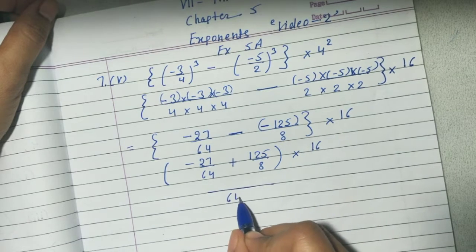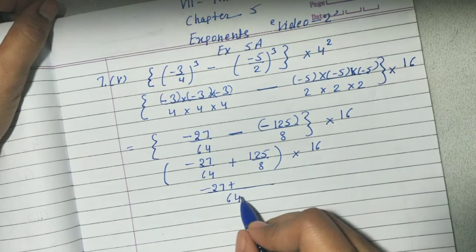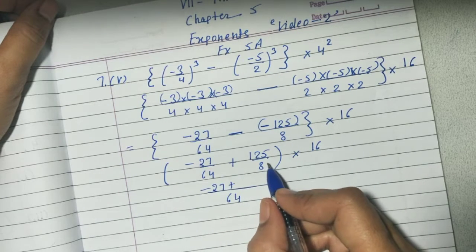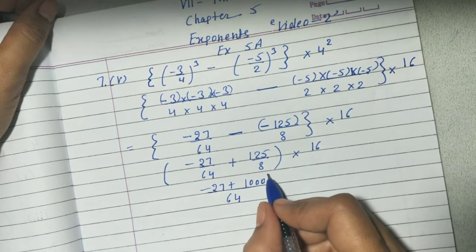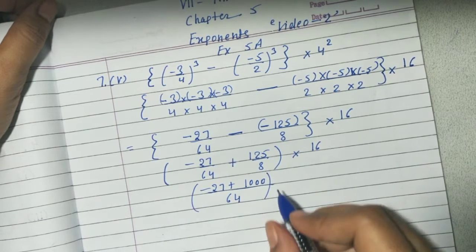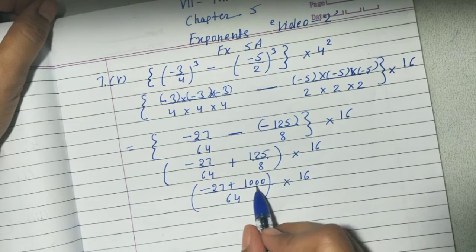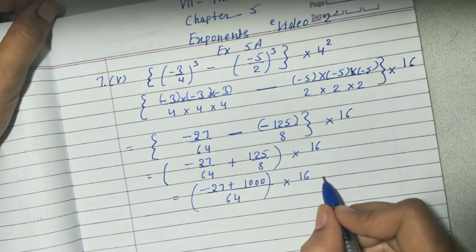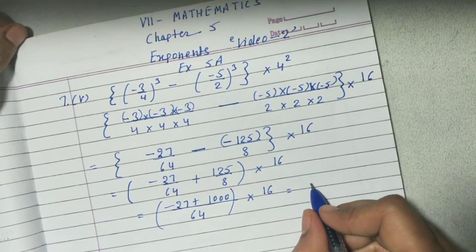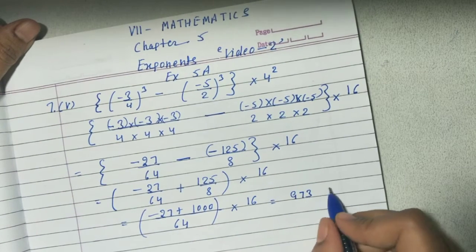Take its LCM as 64. It is minus 27, then 64 divided by 8 is 8, and 125 eights are 1000. Getting? Multiplying by 16. Now 1000 minus 27 is 973.